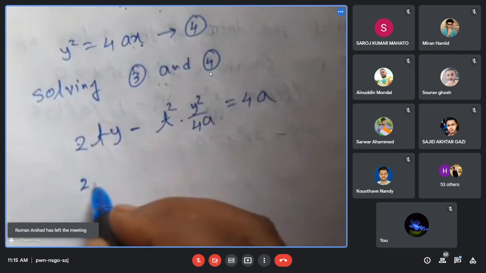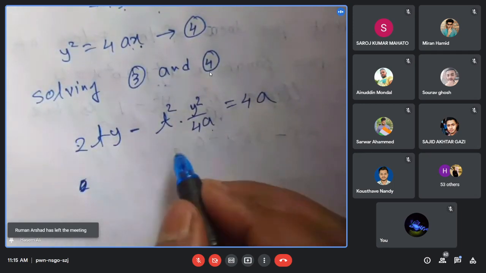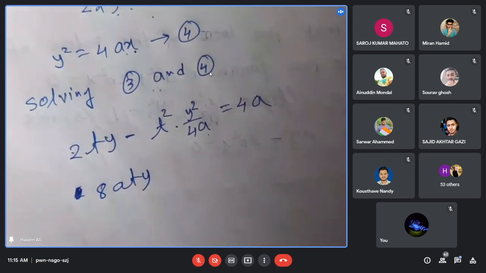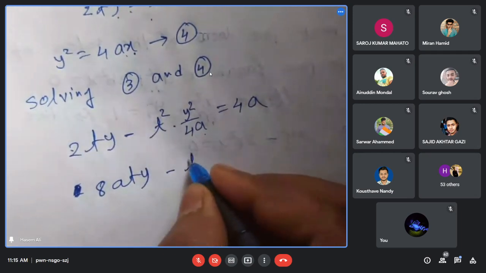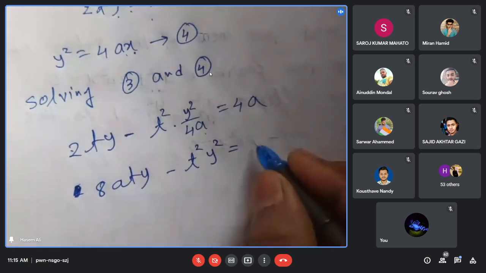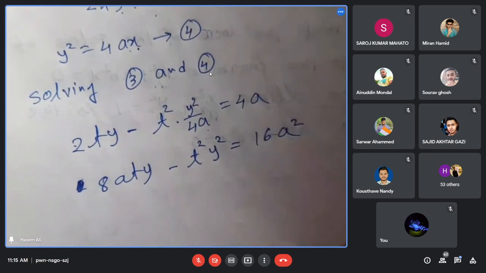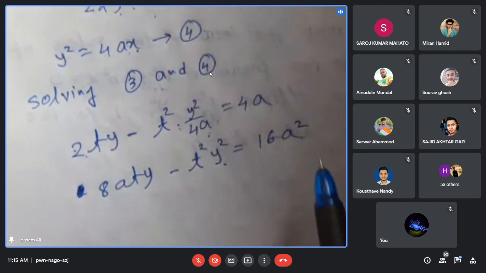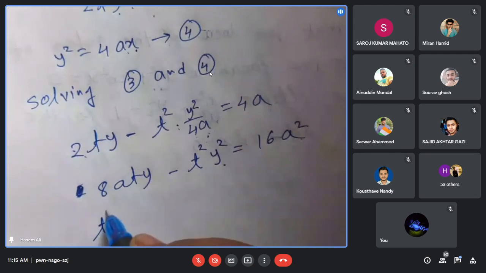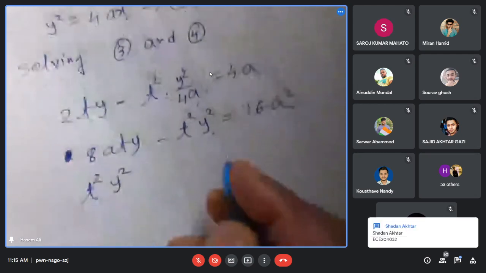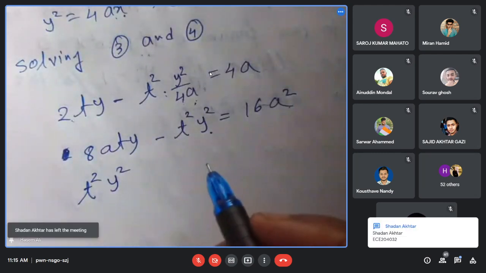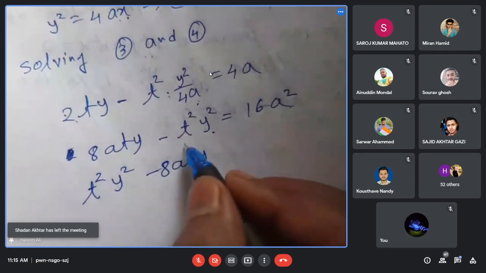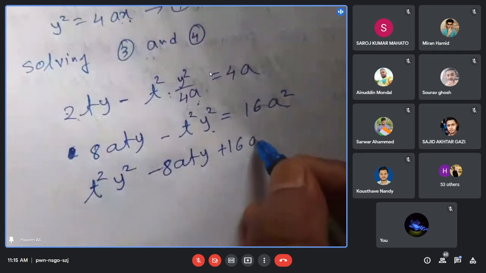That means 8at y minus t square y square equals 16a square. That means t square y square minus 8at y plus 16a square equals 0.